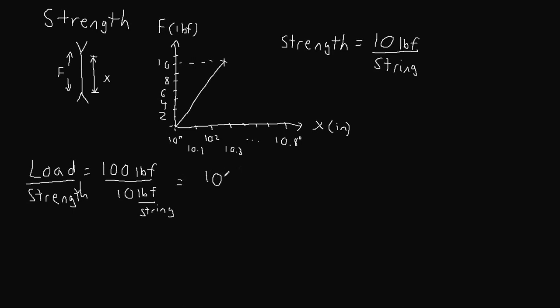So we could say 100 pounds times the inverse of the strength, so 1 string per 10 pounds of force. Then the units of pounds force will cancel. We can get rid of one of the zeros to cancel the 10, and we get 10 strings.